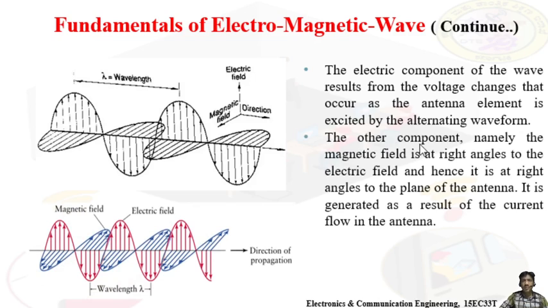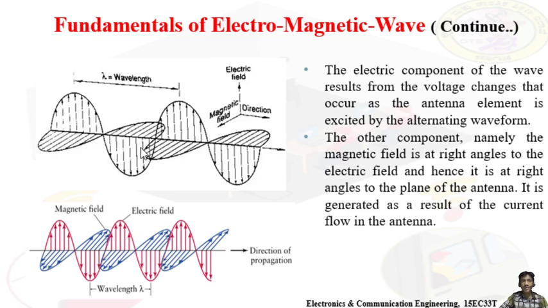The other component is the magnetic field. The magnetic field is at right angle to the electric field and is at right angle to the plane of the antenna. It is generated as a result of current flow in the antenna. We know that in this electromagnetic wave, the current flows.